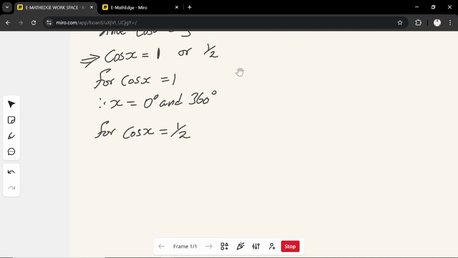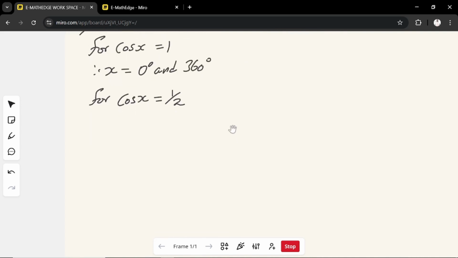So let's proceed to bring out the value of x. Therefore x is equal to 60 degrees and 300 degrees.